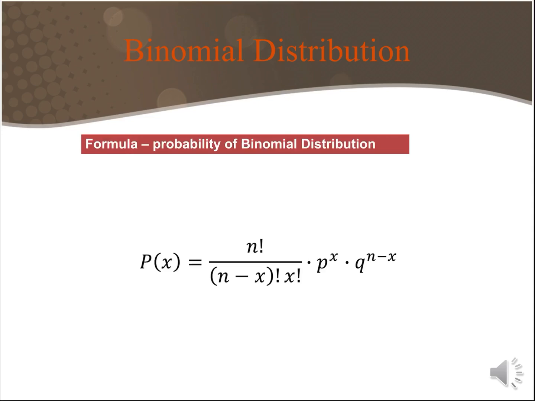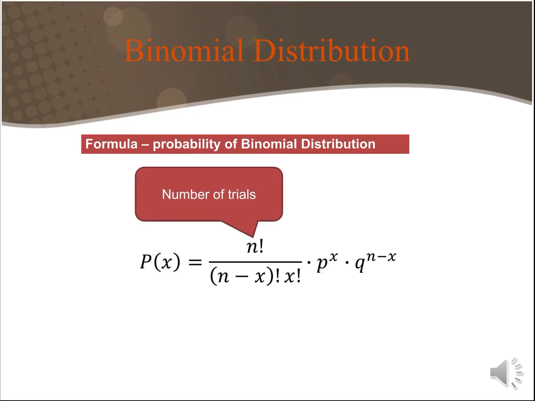So P of x, x is the number of successes. Now that exclamation point you see is a factorial, and a factorial means multiply all the numbers from that number back down to 1. So I'll show you that in some examples, but let me break apart what n and x and q and p mean first, and then we'll worry about the exclamation points in the next slide.